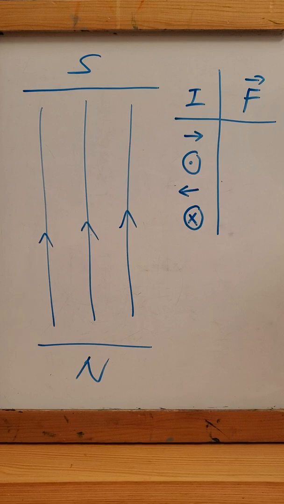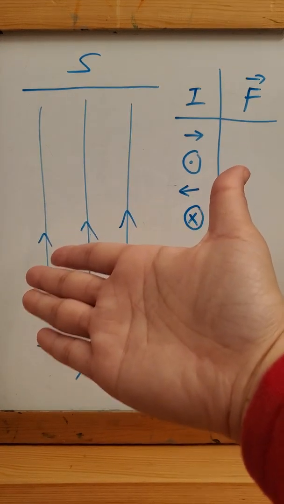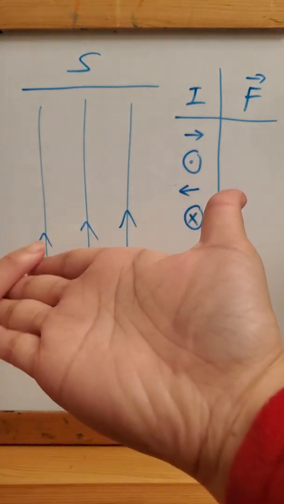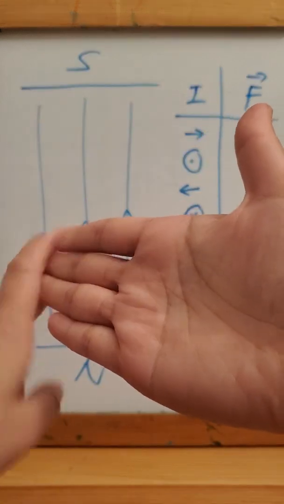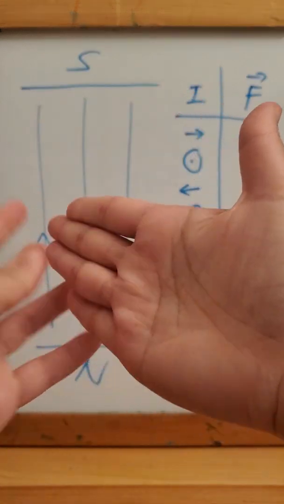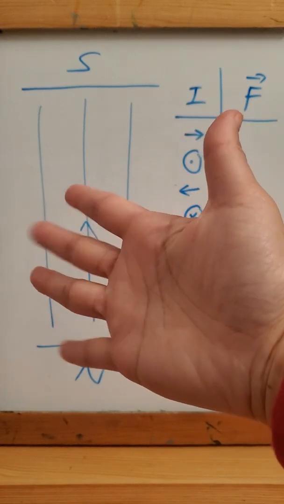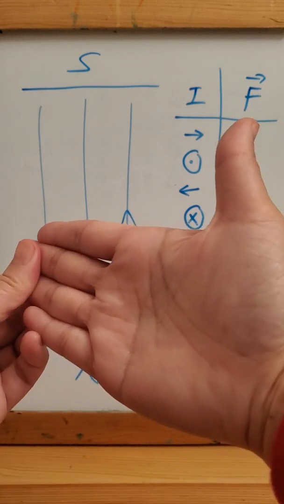First of all, let's review what the right-hand rule is. To use the right-hand rule, we need to hold our right hand out, keeping the hand flat. All the fingers are straight out, ideally putting them close together. The fingers are pointing in the direction of the magnetic field.